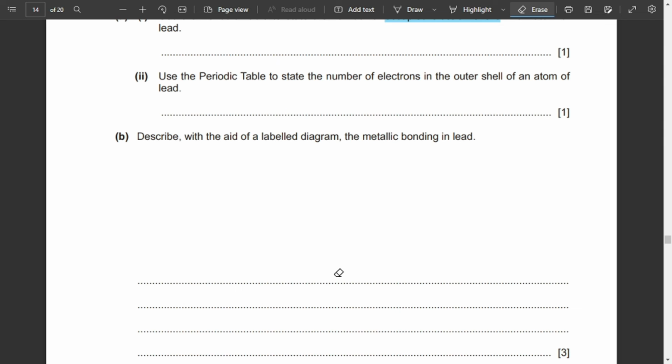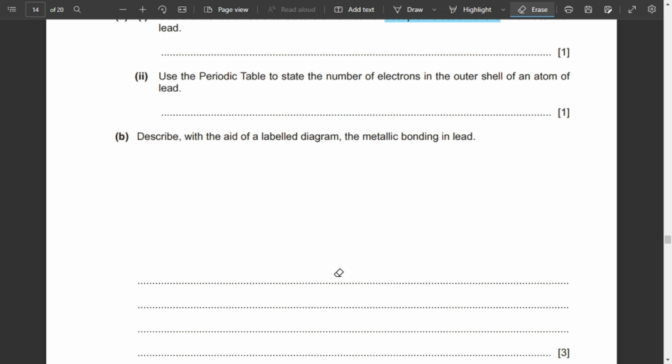If we are talking about metallic bonding, we need to also draw a diagram, which is a must in this question. Usually at times it's a choice, at times you are supposed to draw, depending on the type of question. Metallic bonding is when we have positive ions closely together and a sea of delocalized electrons around them.